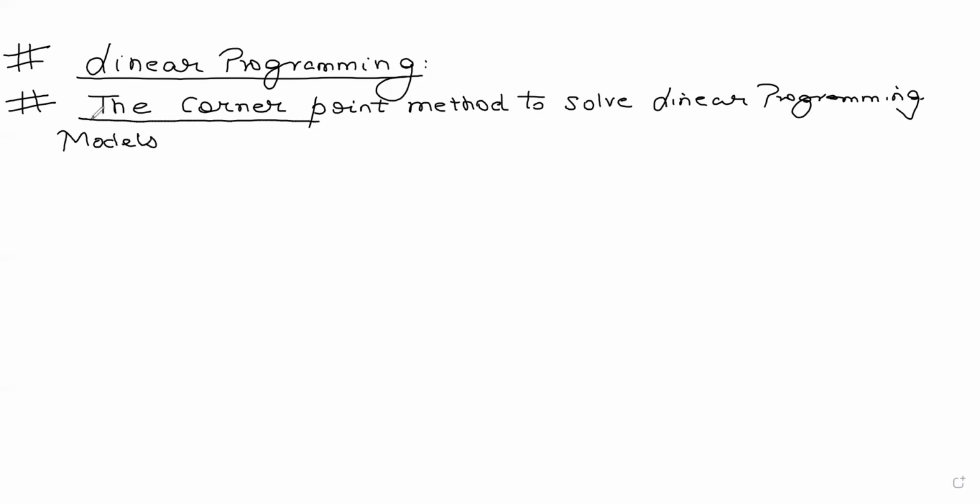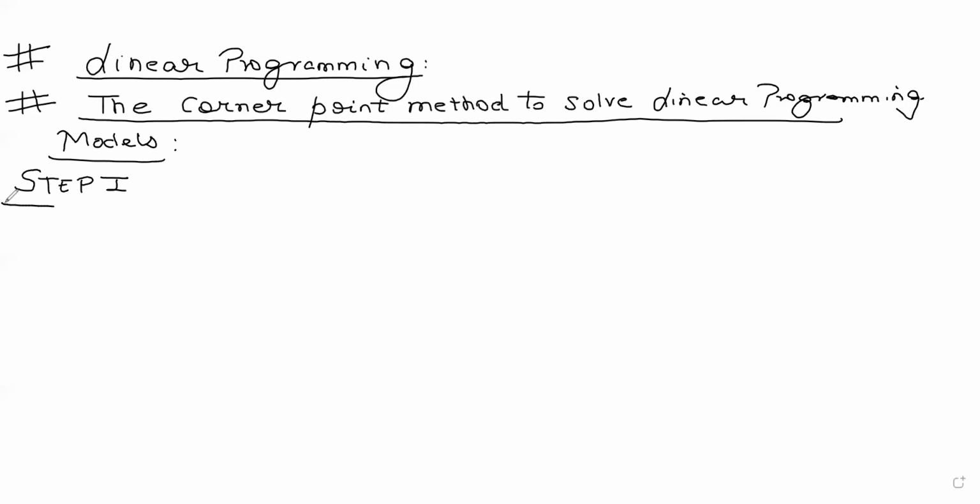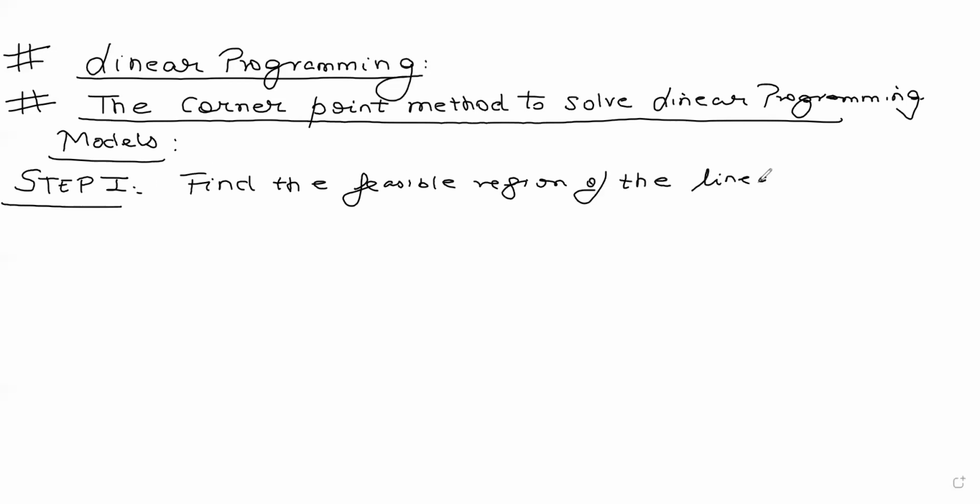Let's write the corner point method using steps. Step one: find the feasible region of the linear programming problem and determine its corner points.